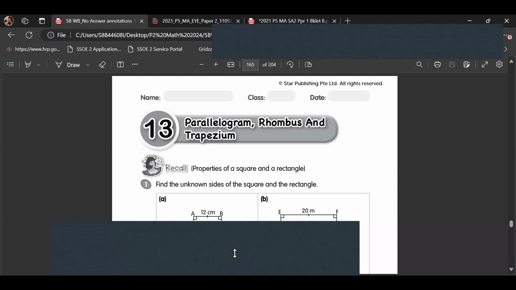So let's take a look at the textbook pages. The textbook page you'll be looking at will be page 133.